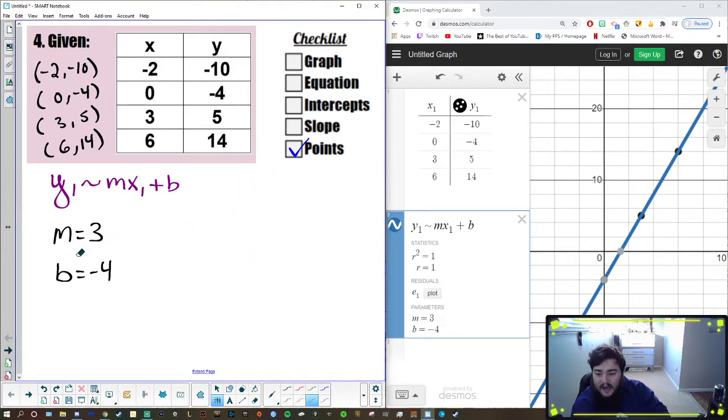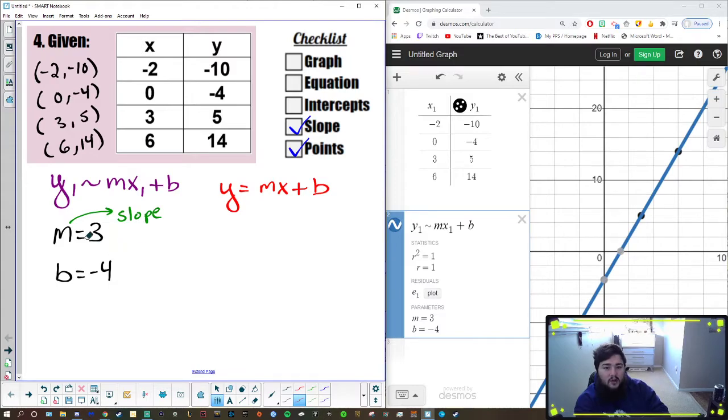If I look at m and b, m is my slope. Don't forget, m represents the slope. The slope of my line is 3. We found the slope. Let's check it off. B represents the y-intercept, so that will be very valuable. Next, since we got our m and our b value, we are going to create the equation of the line. We all remember y = mx + b.